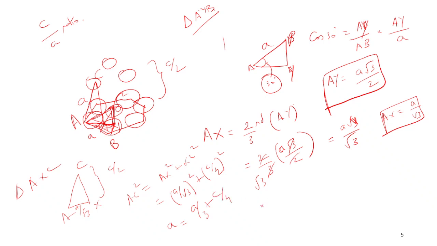Then with common denominator 12, we have 4A plus 3C equal to 12. 12A minus 4A is equal to 3C. Then 8A is equal to 3C, and C by A is equal to 8 by 3, which is approximately equal to 1.633.